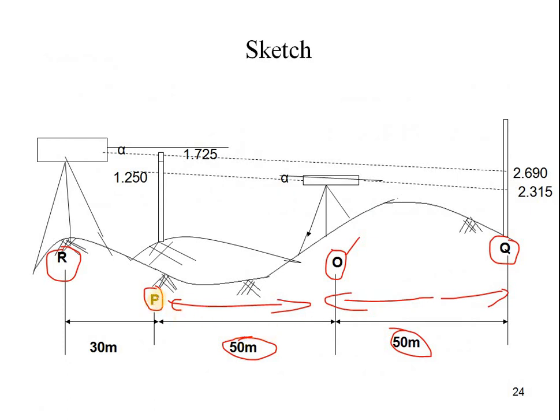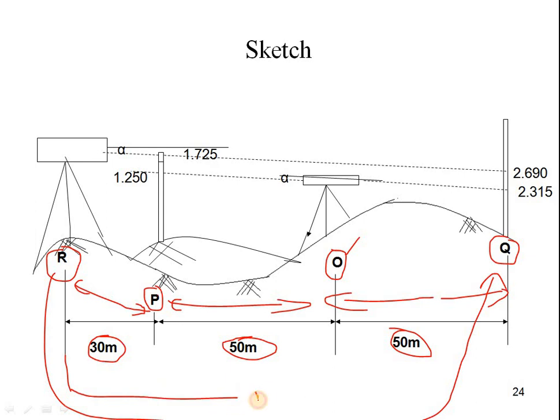That means from P to R is 30 meters, and from R to Q it is 50 plus 50, 100, 100 plus 30, totally 130 meters.